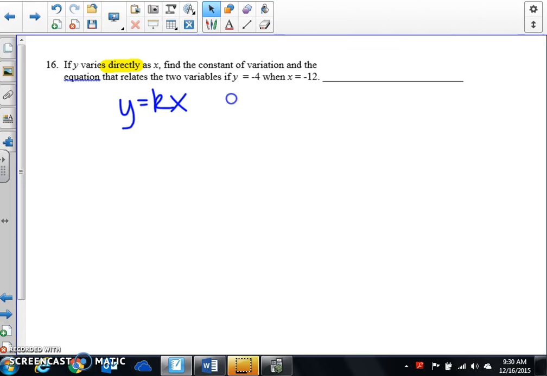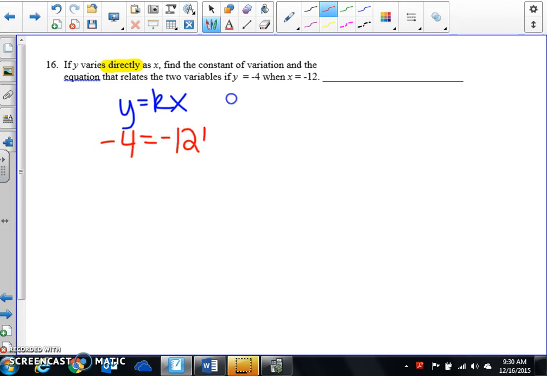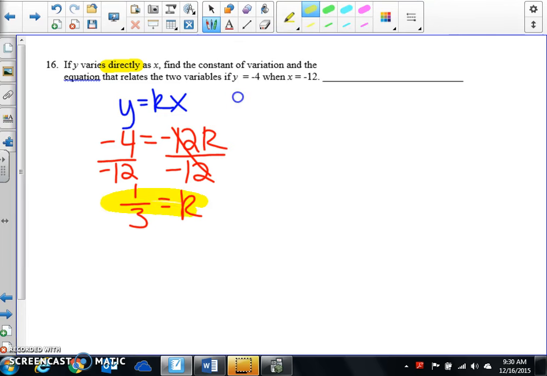So if y equals negative 4, I'm going to plug in, and x equals negative 12, I find k by dividing both sides by negative 12, giving me k equals, negative is a positive, 4 divided by 12 is 1/3. So now I take the fact that I know my k is 1/3 and I plug it back in up there. So y equals 1/3 x.